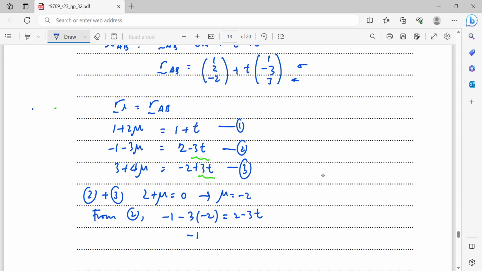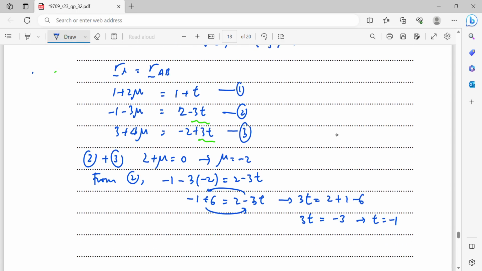So negative 1 plus 6 equals 2 minus 3t. Moving negative 3t to the left side, I get 3t. Then these two terms move to the right side, so I get 2 plus 1 minus 6, so it will be minus 3. That means 3t is minus 3, then t is minus 1.